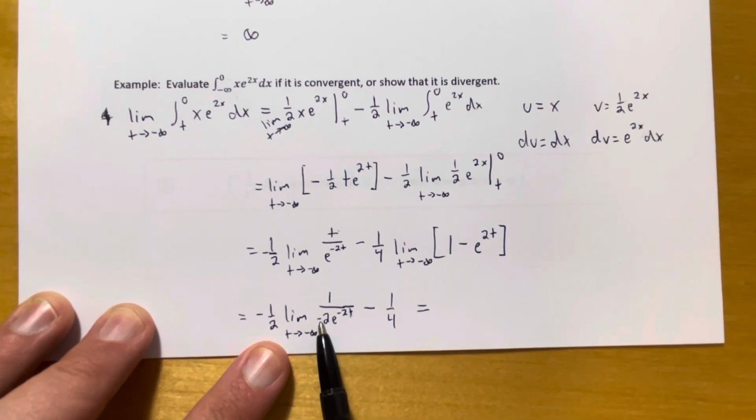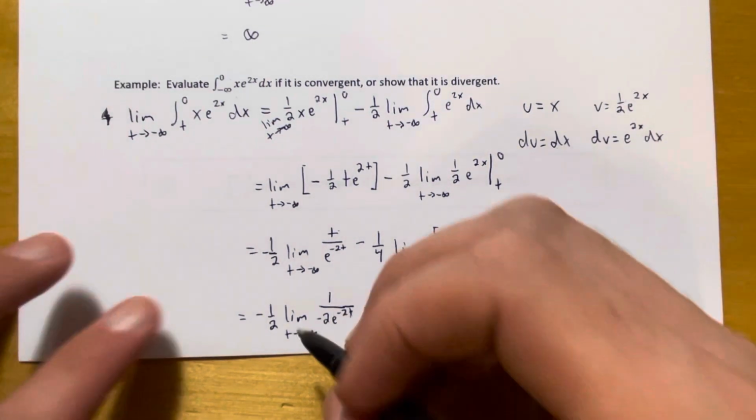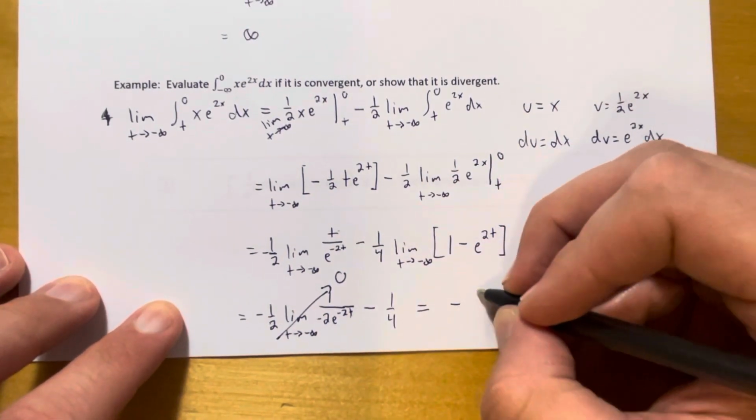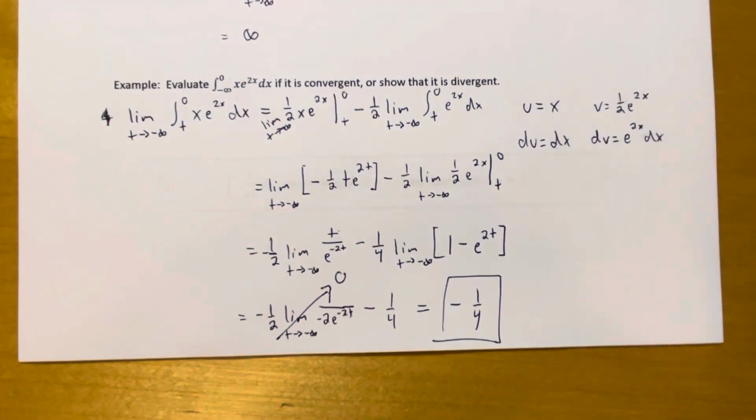I'm multiplying it by a negative 2, so it's actually getting smaller and smaller in the sense of going towards negative infinity. But regardless, 1 over that number that has a very large absolute value would be the same thing as 0. So this whole limit here is going to go to 0, and what I'm left with is that negative 1/4 right there. Okay? That is the value of that improper integral.